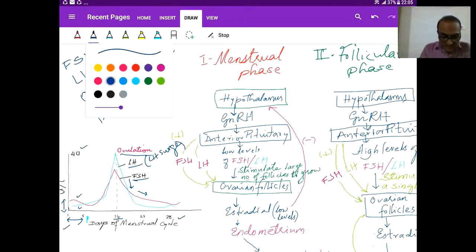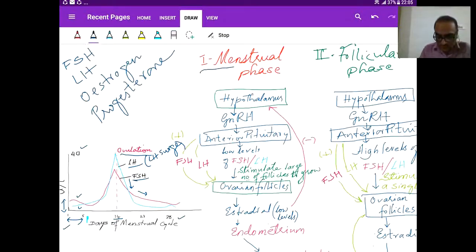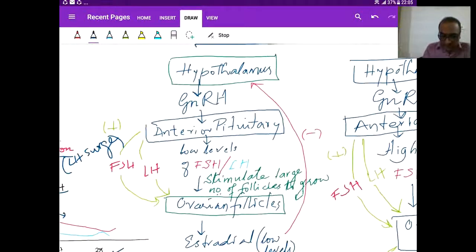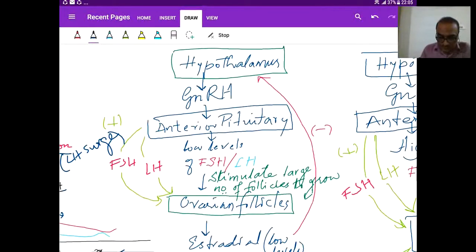If you take the menstrual phase, what is happening? From the hypothalamus, as we see here, GnRH, gonadotropin releasing hormone, will be released, and that will stimulate the anterior pituitary. The anterior pituitary gland produces FSH and LH, and this is in low levels.